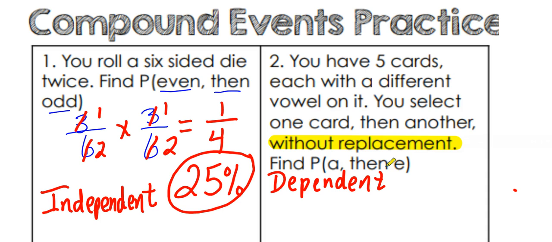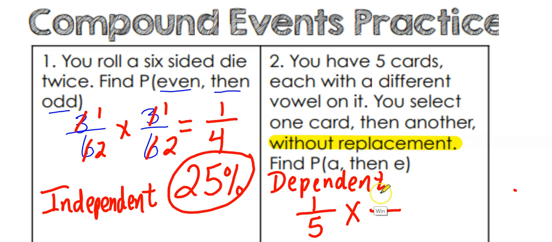So first we figure out the probability of getting an A. We're assuming there are 5 cards, each has a different vowel. So the probability of getting an A would be 1 out of 5. That's event A. And then we want the probability of getting an E. So our first event, 1 out of 5, I'm going to multiply by the second event. Now I've taken out an A. So now what's the probability of getting an E?